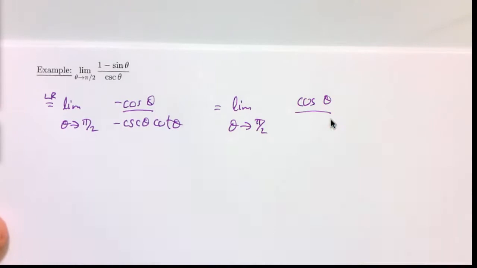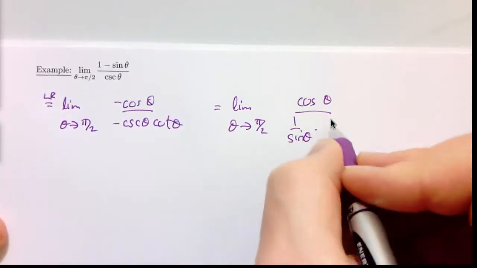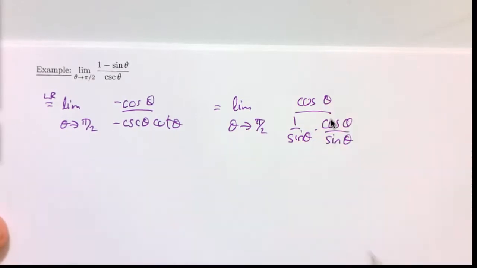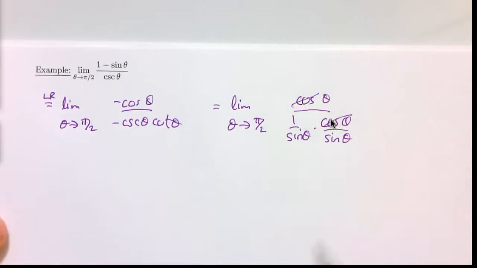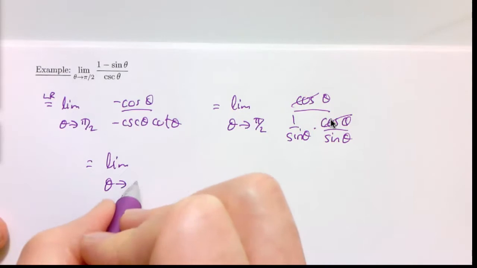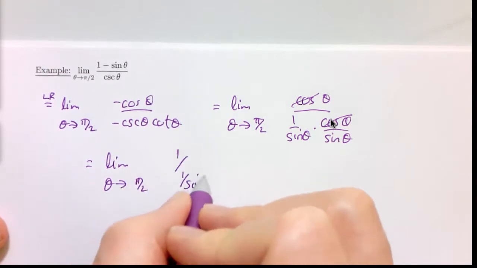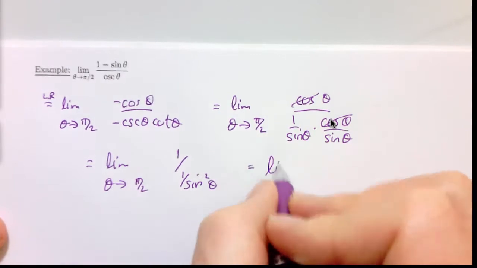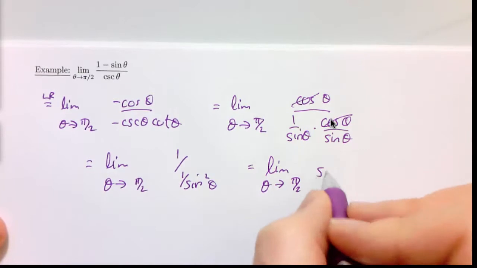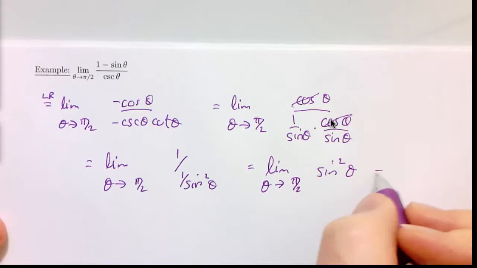I'm going to expand the bottom here in terms of sines and cosines. Cosines cancel. I've got 1 over sine squared in the denominator. Invert and multiply. I want you to keep in mind that everything we're doing here is nonsense, and we'll say why in a second. And sine of pi over 2 is 1, so this is 1 squared.